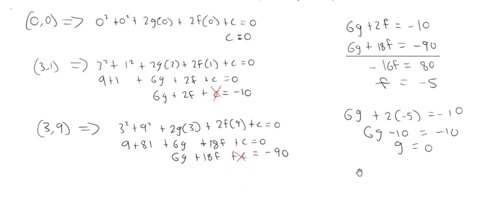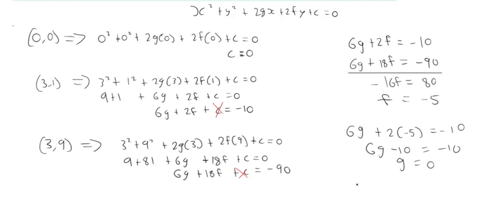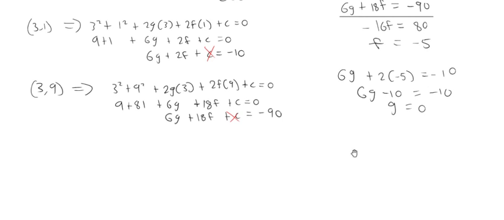So I can just sub it back into the original equation of a circle. So it'll be x squared plus y squared plus, well, it'll be 0. For the f part, it's plus 2fy, so that's minus 10y.